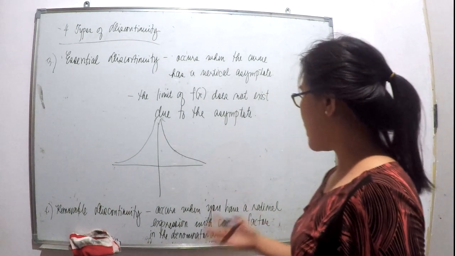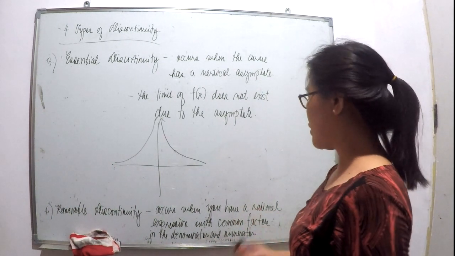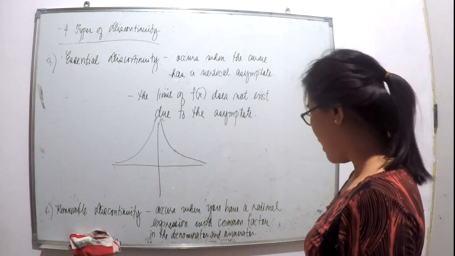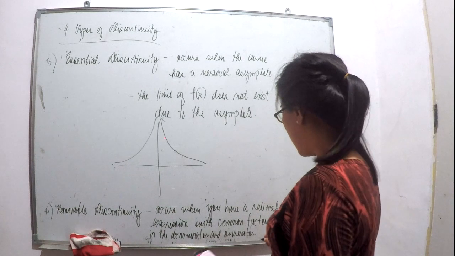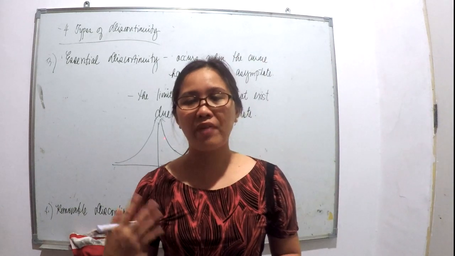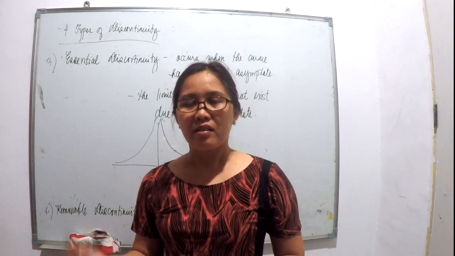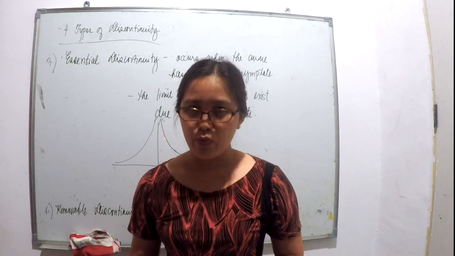Okay? It occurs when you have a rational expression with common factors in the denominator and numerator, because the common factors will be cancelled. Okay? Since the common factors will be cancelled, then the discontinuity is removable.